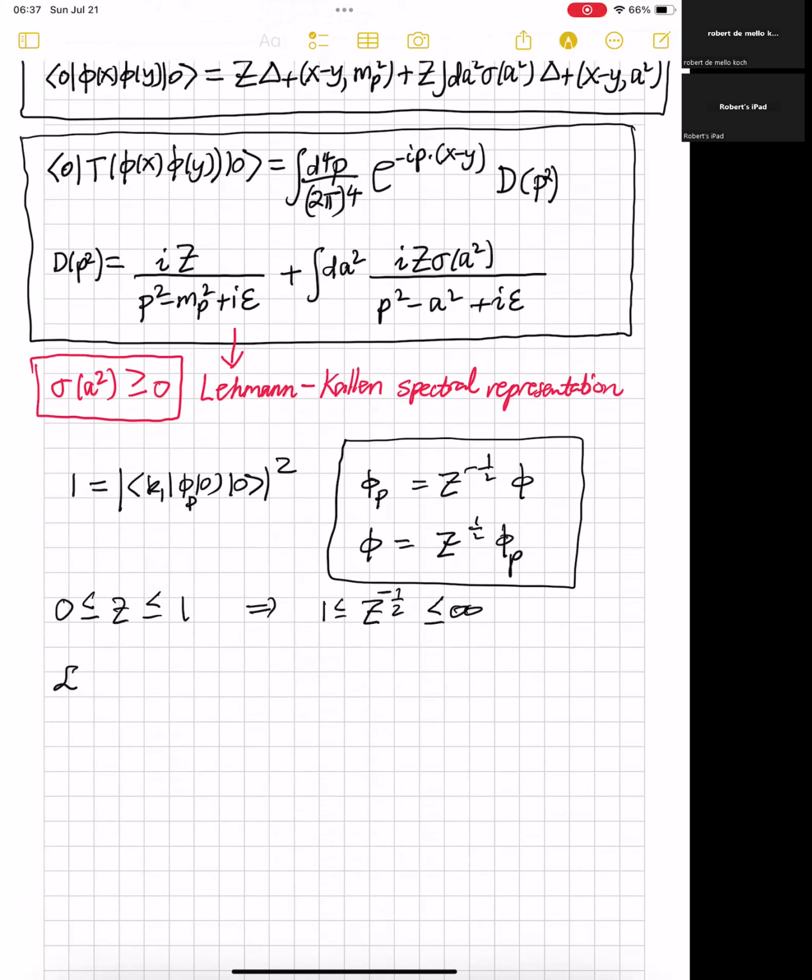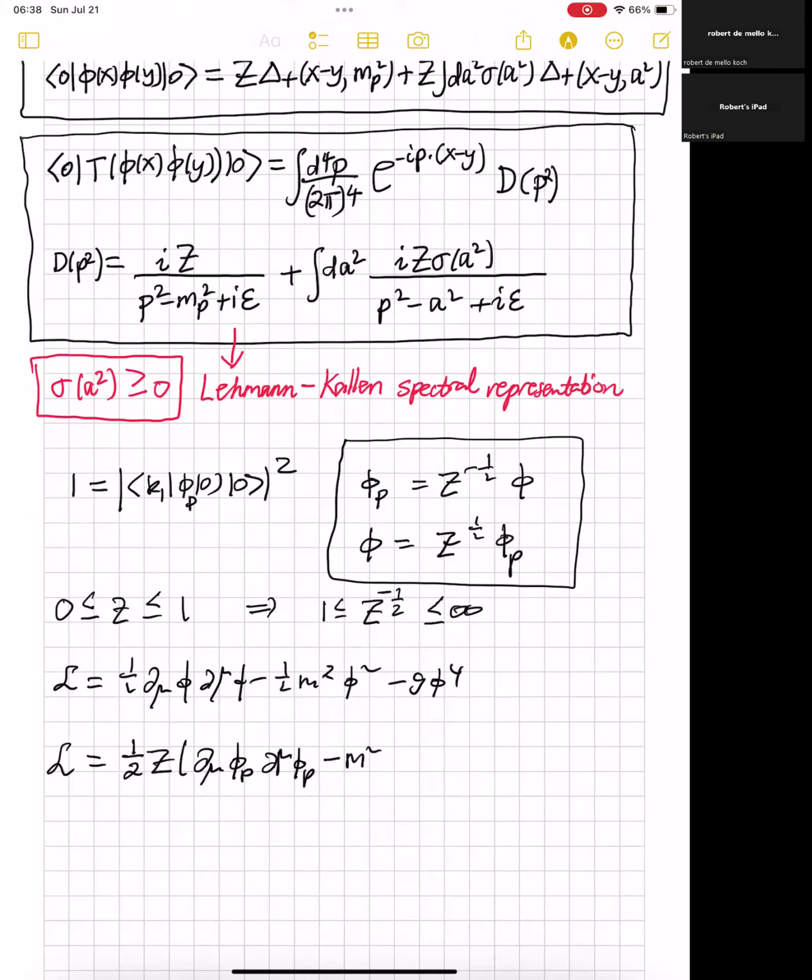So our Lagrangian, which used to be 1/2 d mu phi d mu phi minus 1/2 m squared phi squared minus g phi to the 4, it now becomes L is equal to, let's put the 1/2 there, Z, then we'll have d mu phi physical d mu phi physical minus m squared phi physical squared minus Z squared g phi physical to the 4.